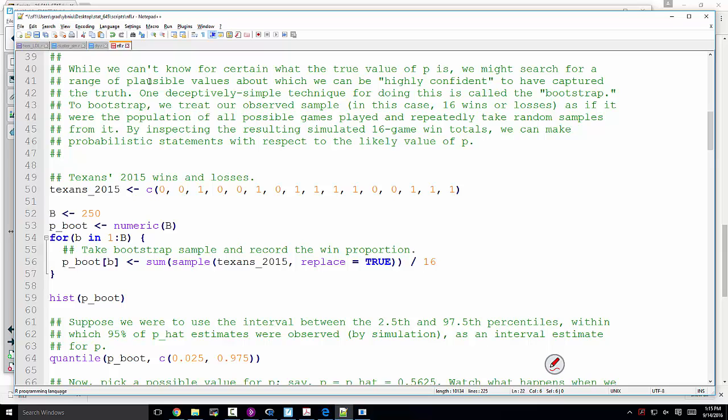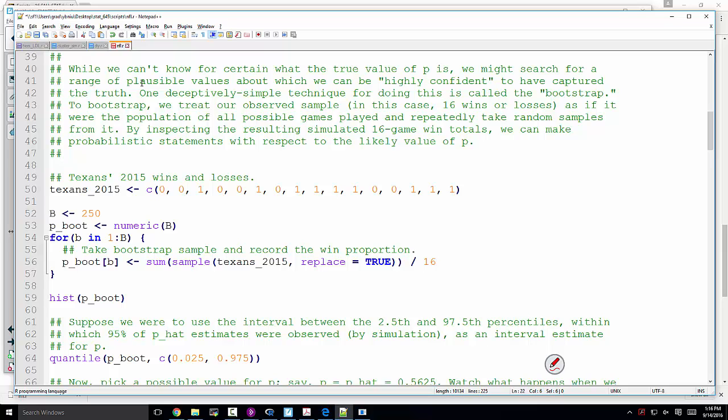And what I'm going to illustrate with the bootstrap initially, I will show how to compute that p-value. The two kinds of inference that we're going to focus on in this class are confidence intervals and hypothesis tests. We just computed a p-value for a hypothesis test. But I'm going to show you how to do the same thing with the bootstrap.